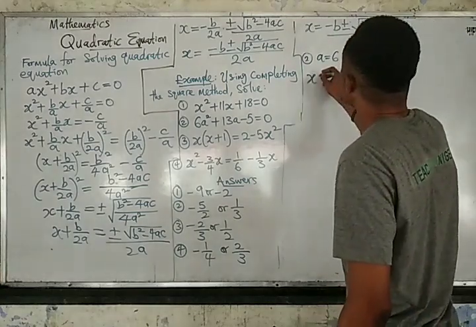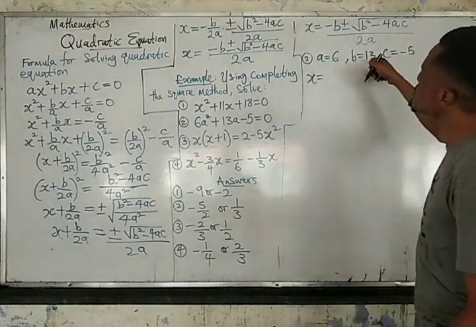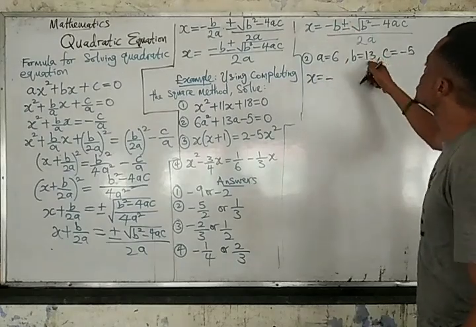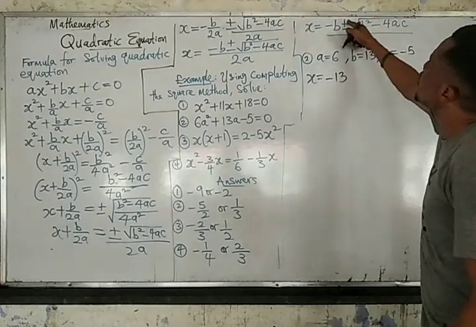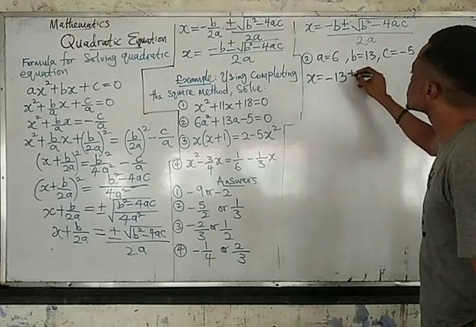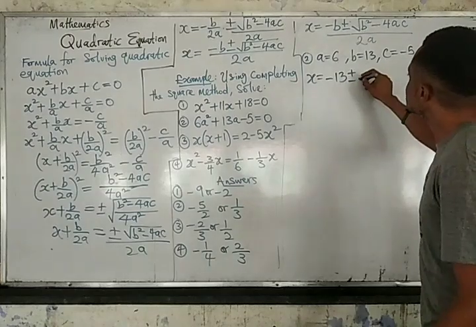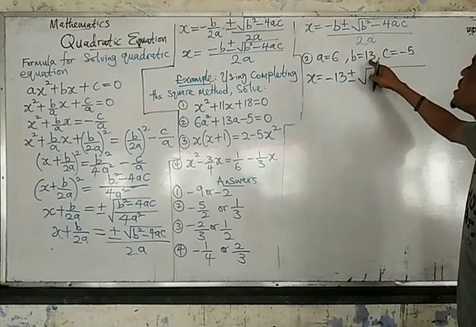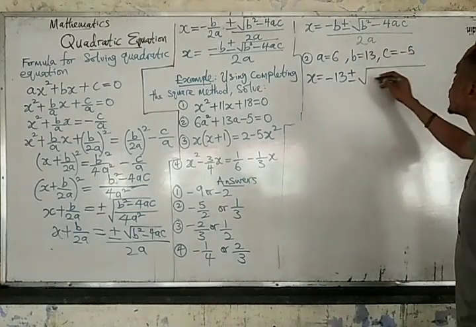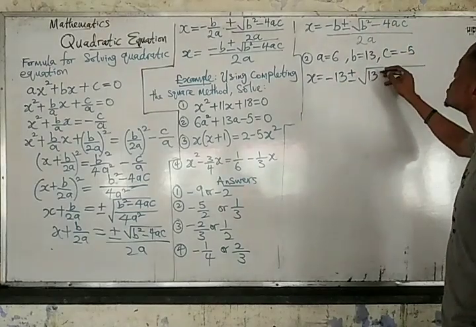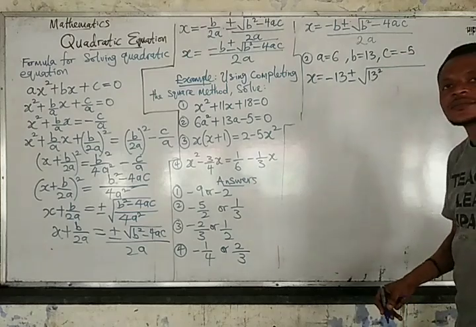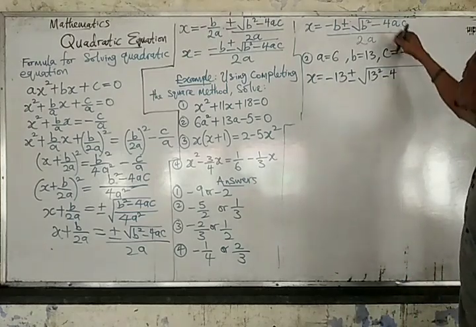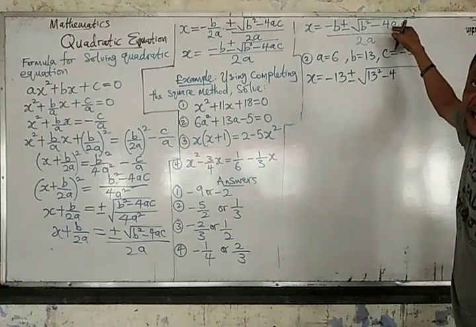We have x to be equal to minus b. So I write my minus. What is b? 13, plus or minus the square root of what? Of b squared. We have 13, which is the b squared, minus 4 times a times c.